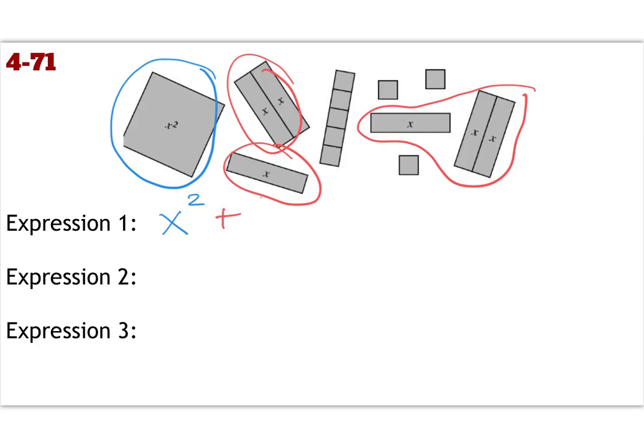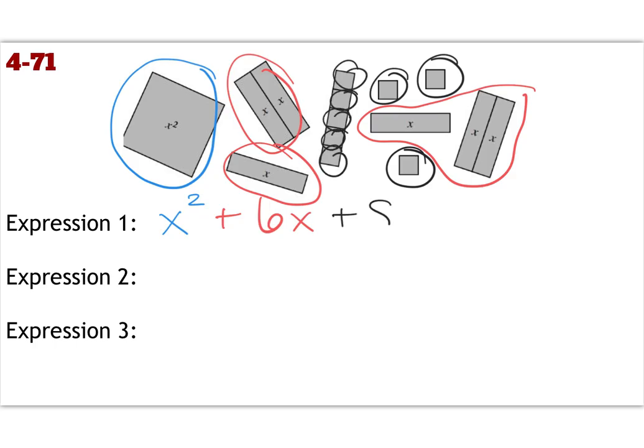So I would write down plus, I see 6 x's. Then I look at the third shape and I see unit tiles, and I see 8 of them. That is one way to write the expression.